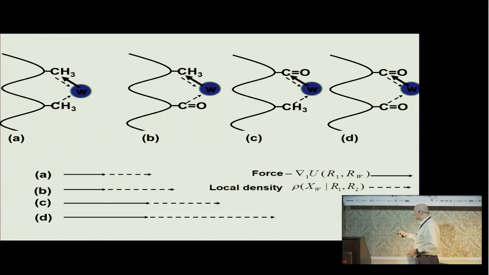Now, the last case, when you have hydrophilic groups on both sides, so we have both a strong direct force between a water molecule and the hydrophilic group, as well as a group which enhances the local density of water molecules.